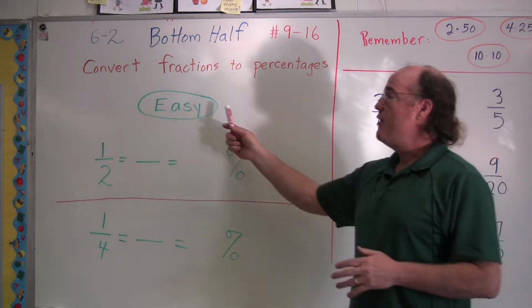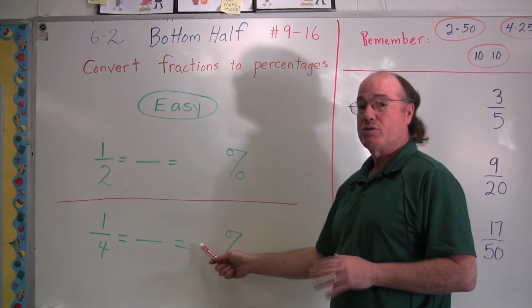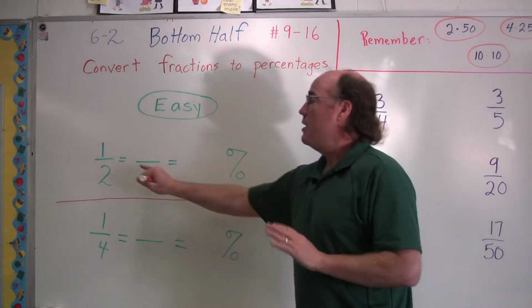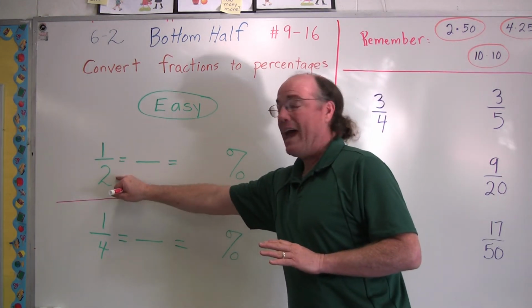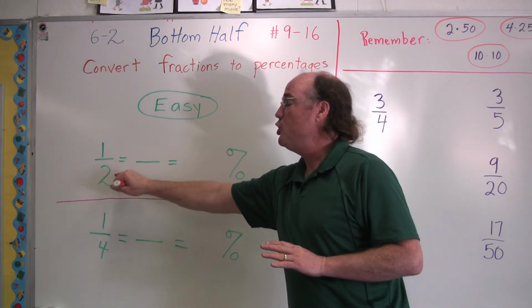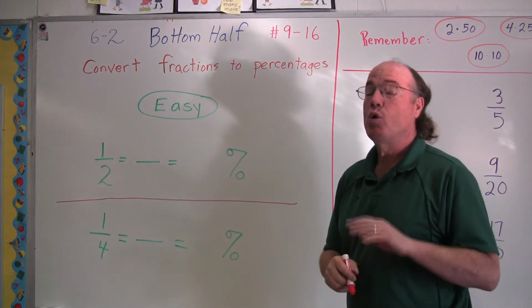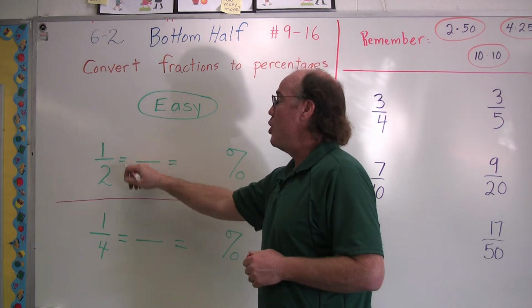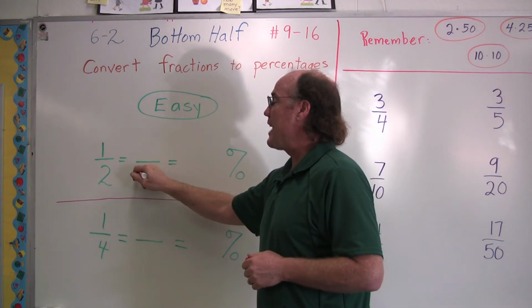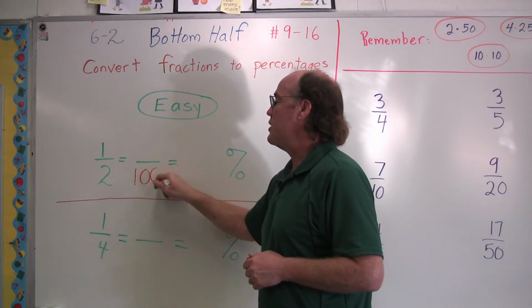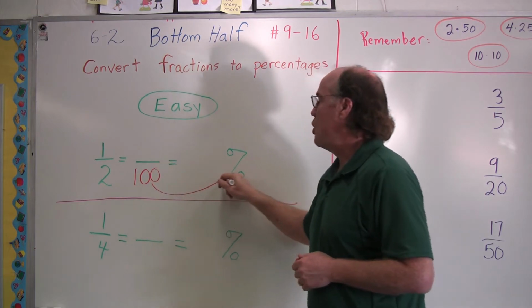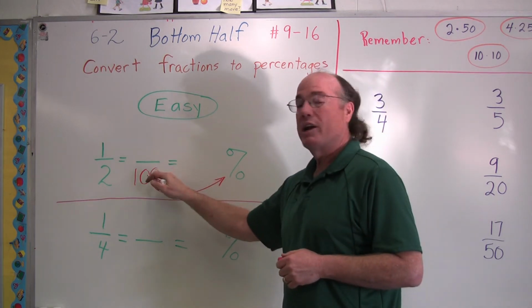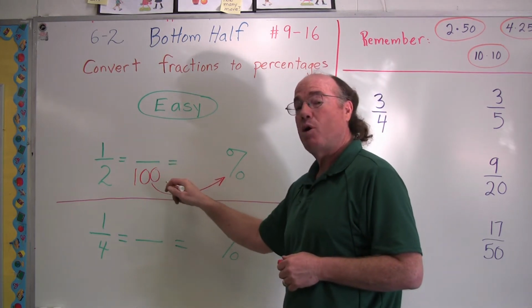Now, the very easiest problems are when we have a fraction like 1/2 where 2 can go into 100 in the denominator. Now remember, what you want as a fraction to convert into a percent, remember, percent means out of 100 or per 100 parts.